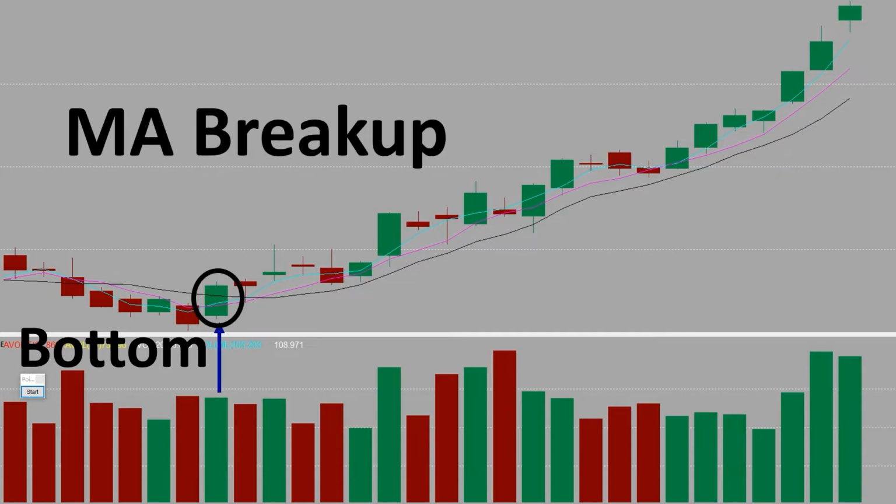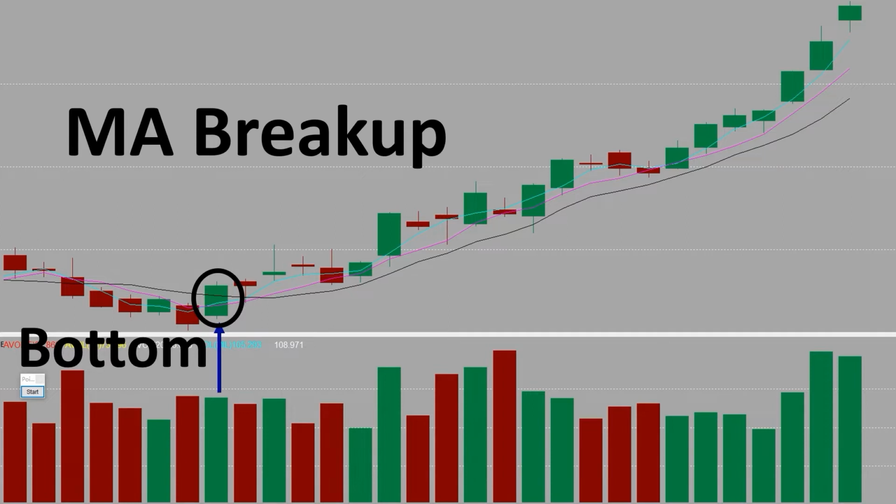First we check a very big bullish candlestick breaking up all these moving averages in one day, and also the volume is bigger. So here it tells us currently it will be a very good entry point.